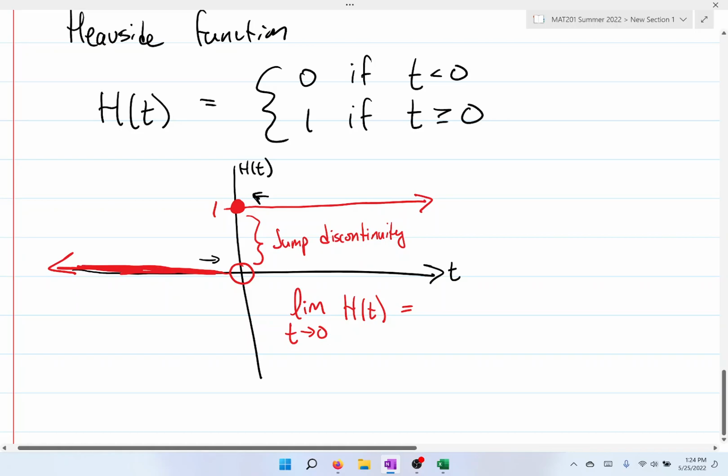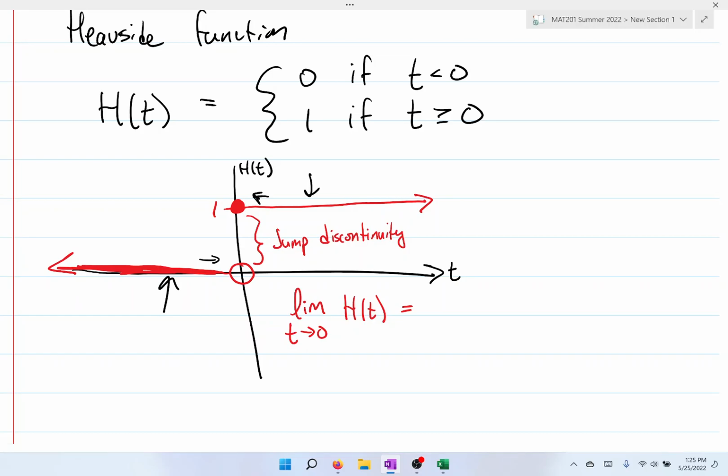In other words, and this is so hard for me to demonstrate in a YouTube video, because you can't see my hands. But what I want you to do, if you can, and hopefully I can describe this clearly enough, is put your left pointer finger on the x-axis on the left-hand side of 0, and then put your right pointer finger on the right-hand side on the top line of the Heaviside function, and then allow your fingers to get closer and closer and closer to the value of t equals 0.